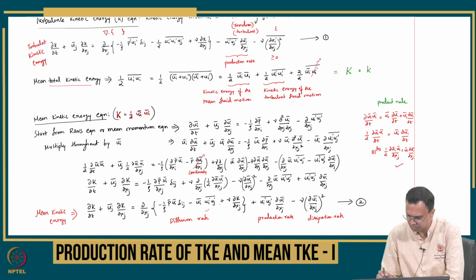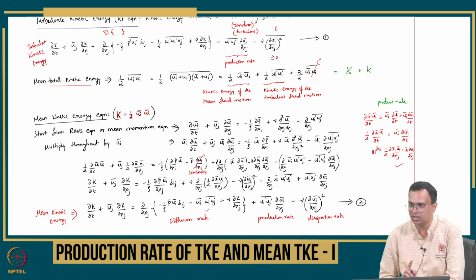So the diffusion rate is sorted, and the dissipation rate, of course, depends on the square of the mean strain here. Anything else you notice which is peculiar?